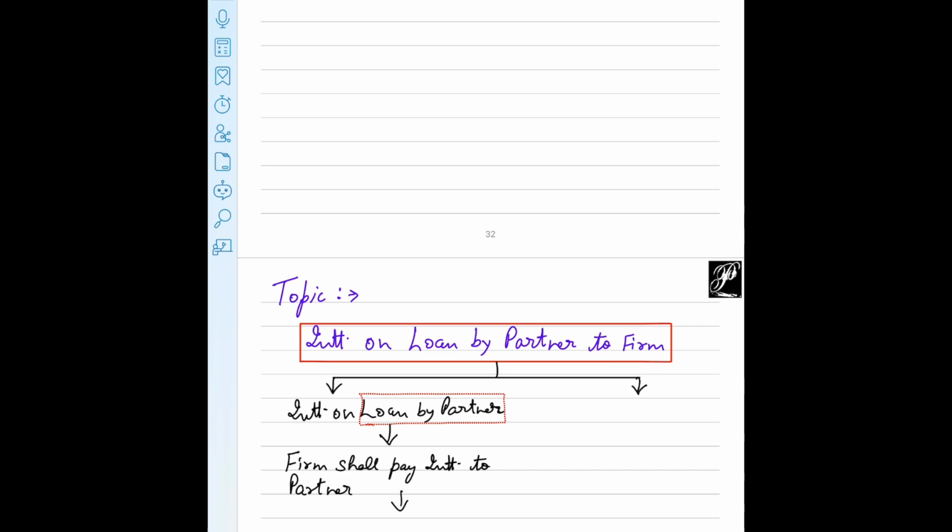And this interest on partner's loan is a charge against profits.